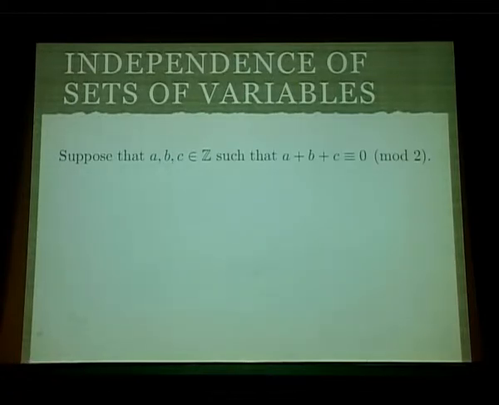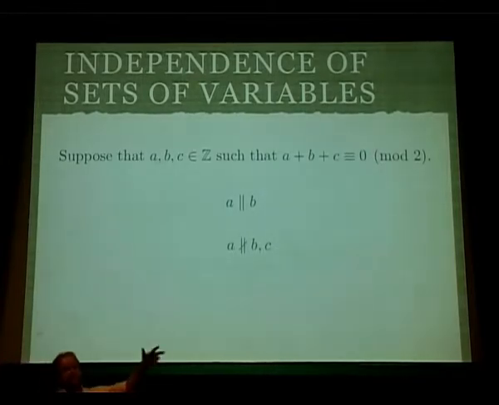Here's an example. If we have 3 variables A, B, and C, and we know that A, B, C are any 3 numbers such that the sum of them is even, then, of course, A and B are independent because if A is whatever, say 5, B could be anything. By adjusting C, we can guarantee that the sum of them is even. At the same time, A is not independent from BC.